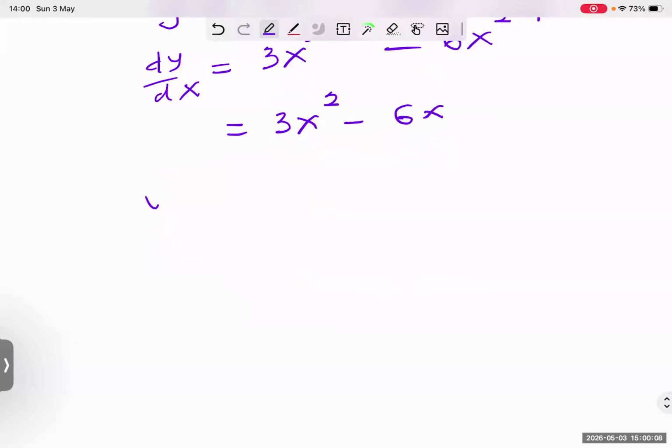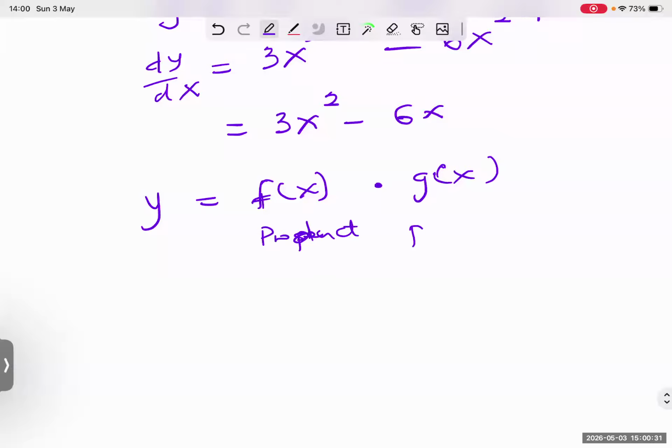Next is if the operator between them is the product operator. Then to differentiate them, I know what you're thinking: differentiate this times differentiate that. No. We use the property known as the product rule, or the product property.